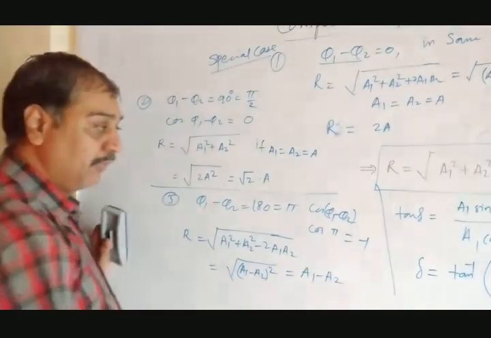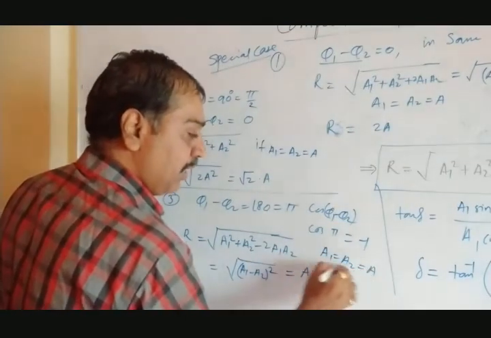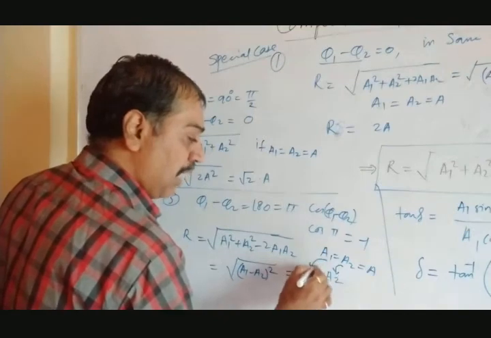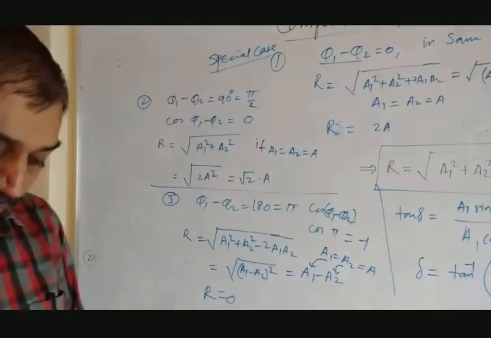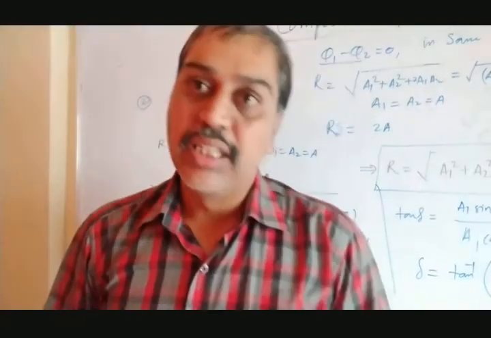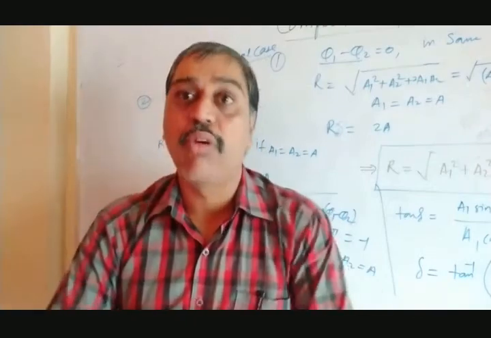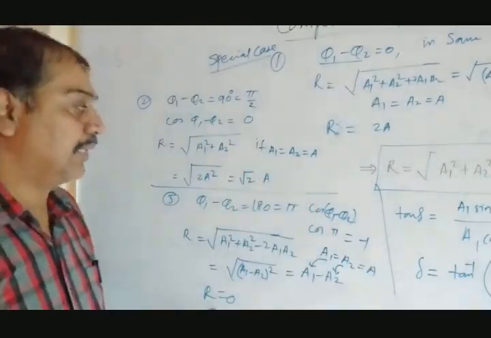Again if a1 equal to a2 equal to a, if we put both as a, this R comes to be 0. So when two particles performing simple harmonic motion are in exactly opposite directions, out of phase, or the phase difference is 180, the resultant amplitude is 0.